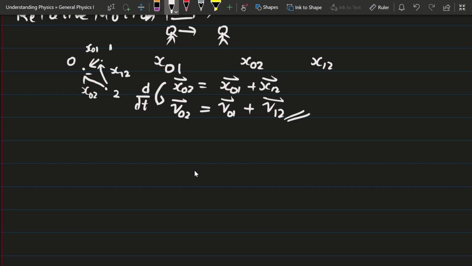and this could actually describe certain things that you might see, such as, for example, if you have a plane and it moves at a certain speed relative to the wind.